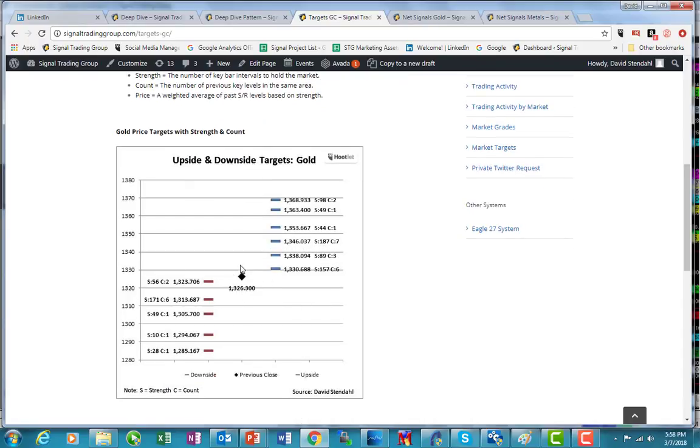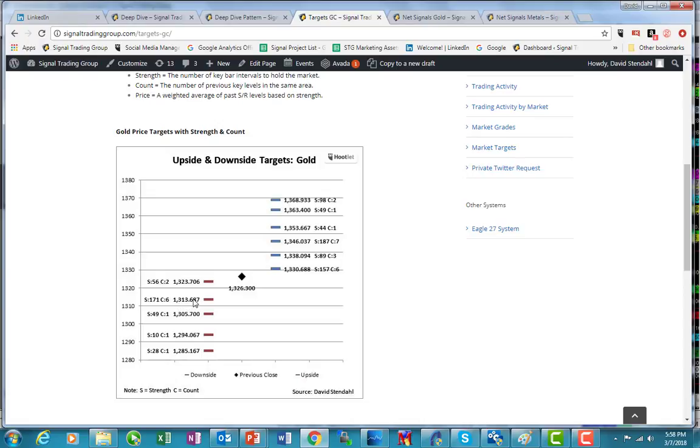So here's today's close. And what we have here is multiple time frames. So what we do is we add up the strength. I just showed you the one that's at 13. Well, that would be a 13 value as far as strength. The C that you see here represents the count. So what's basically happening is that 1313, it was actually 1316.